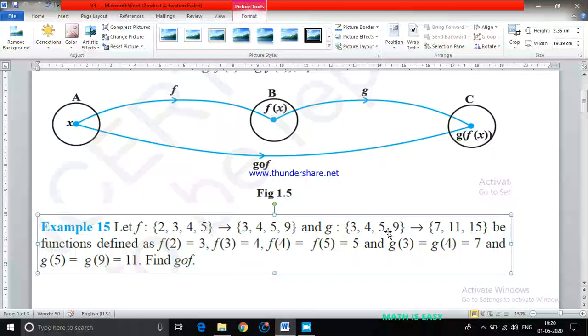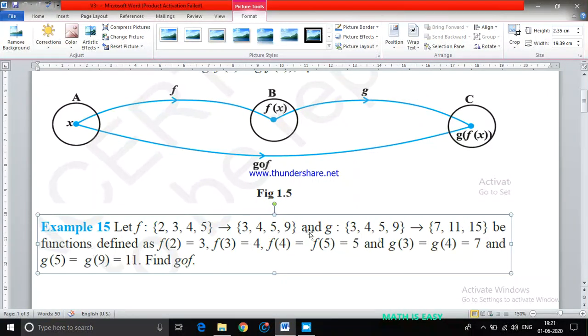I am not talking about the codomain of f being the domain of g. The range of f is the domain of g. Sometimes codomain and range can be the same, but sometimes they may be different. Range is a subset of codomain. So 3, 4, 5, 9 is the domain of g and 7, 11, 15 is the codomain of g.